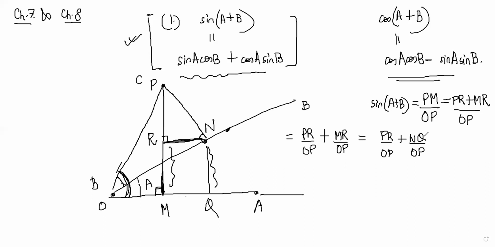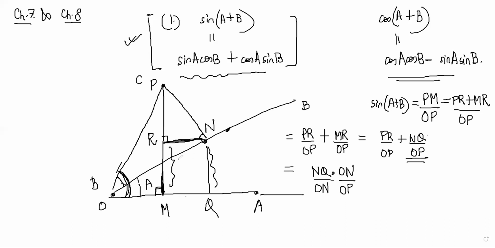So MR is same as NQ. Now what we do is multiply and divide by the same quantity. So suppose you have NQ by OP, you can multiply by ON and divide by ON. That doesn't change anything. So NQ by ON, see what is that? NQ by ON looks like sine of A, right? In this triangle, NQ by ON. So this is sine A.